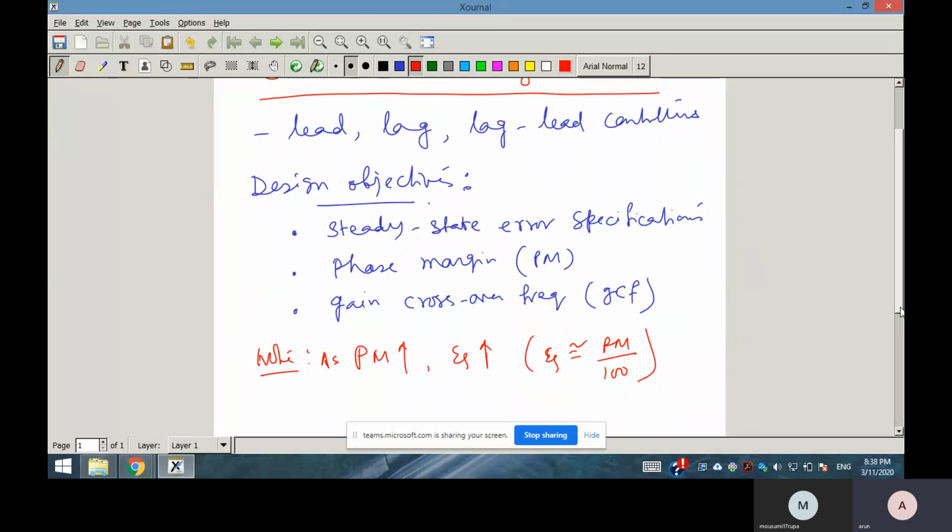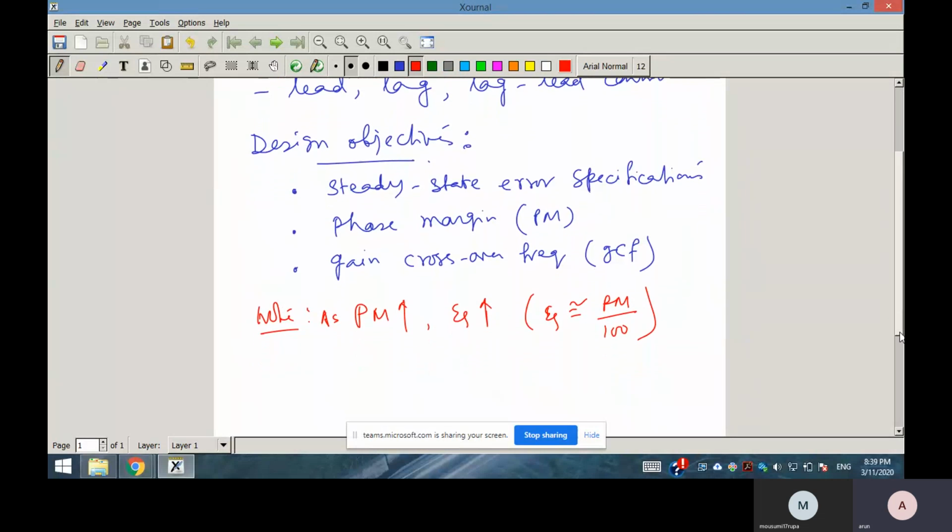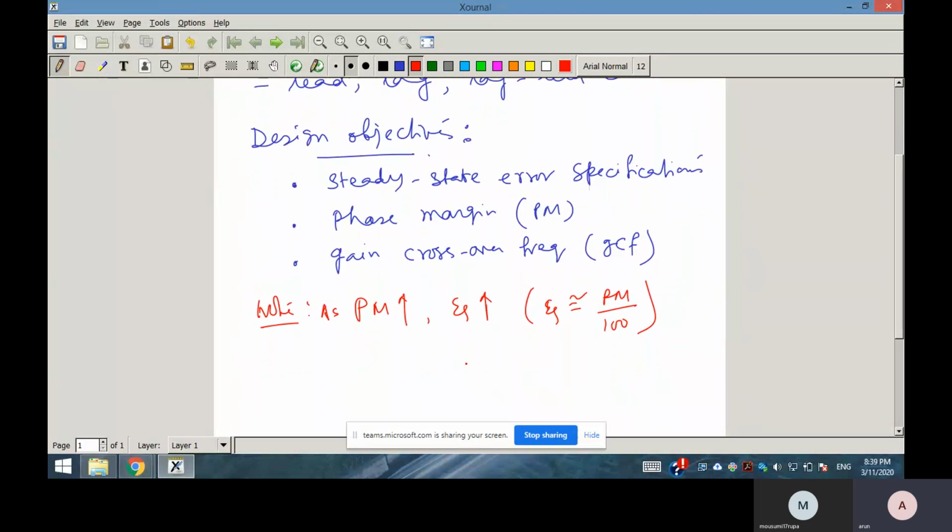So this is the relation. I think this relation Professor Soumya has already derived, at least for a second order system. Zeta is approximately phase margin divided by 100, phase margin in degrees. And as gain cross-over frequency increases, rise time decreases, that means the system becomes faster.